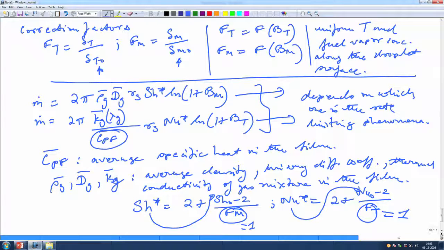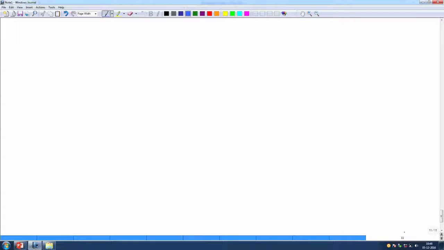Okay, when there is surface blowing, you have a different value of Sherwood number and Nusselt number because of that surface blowing effect, because of the thickening of the laminar boundary layer and things like that, right. Okay. It is also imperative to remind you guys what the Bm is. So, Bm was (Yfs minus Yf infinity) divided by (1 minus Yfs), and the corresponding Bt was Cpf bar times (T infinity minus Ts) divided by L effective.